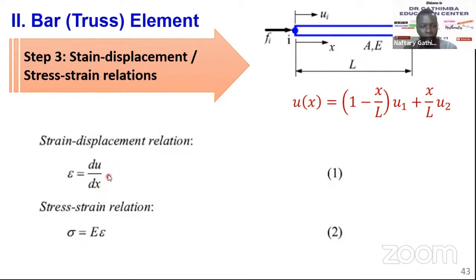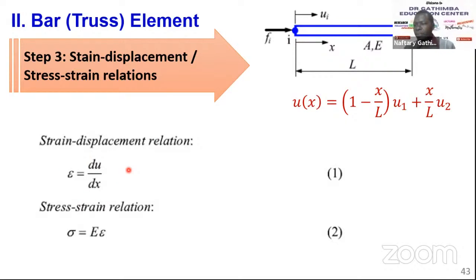And of course, why du over dx, if I might ask? What is the strain? Strain is elongation over the original length. We know that, right? So at any one point, this is a generalization when you have a continuous system.